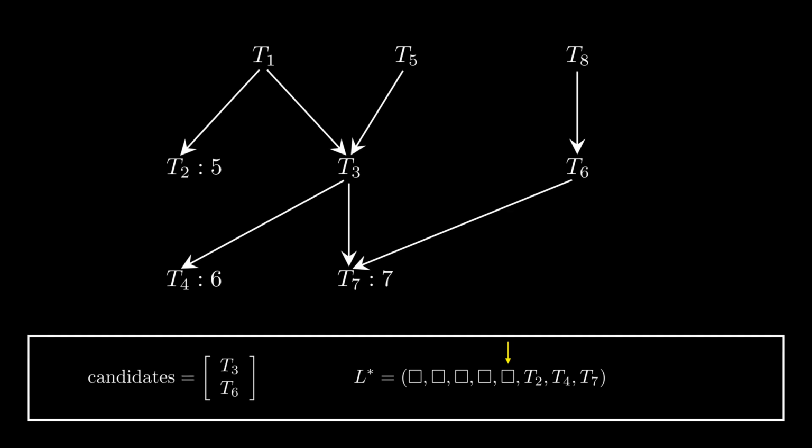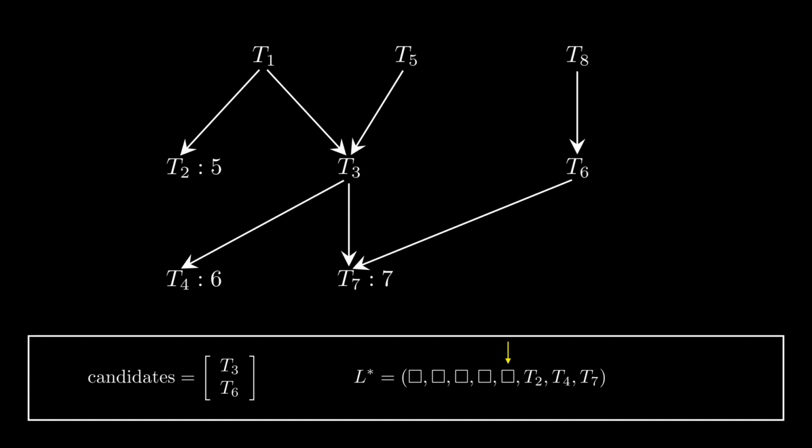This is also true for task 6. Notice that this is not true for task 1, since task 3, its successor, is not in L star. This was a lot to unpack, but now we narrow down which tasks to put in L star next. Remember, from this list, we want to figure out which task to do as late on as possible.